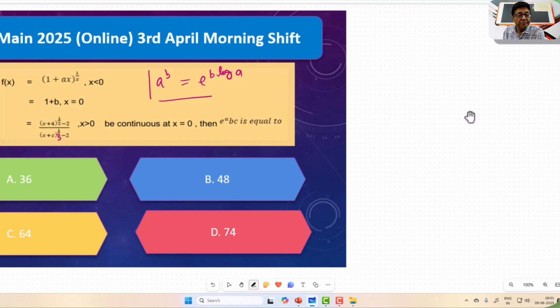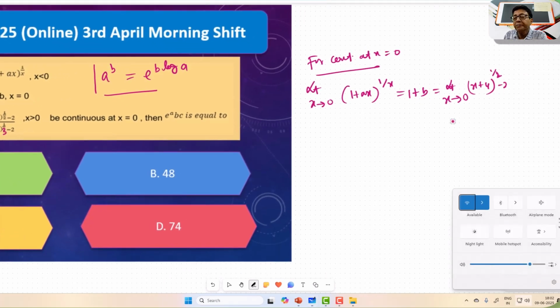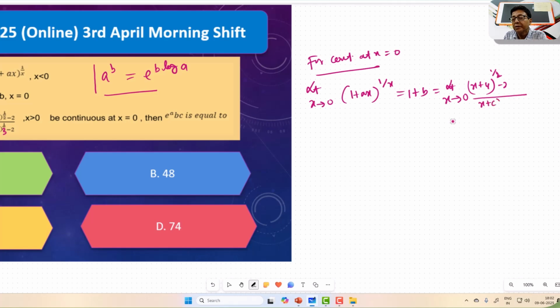So what you will do there, you write for continuity at x equal to 0, limit x tending to 0, 1 plus ax to the power 1 by x equals the functional value, equal to limit x tending to 0, x plus 4 to the power 1 by 2 minus 2, and x plus c to the power 1/3 minus 2, the right hand limit. Okay.